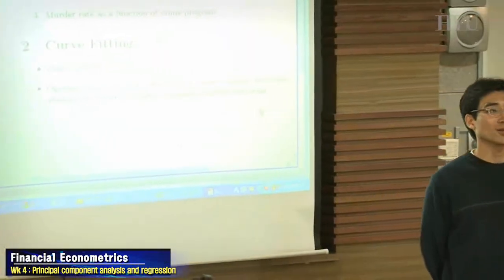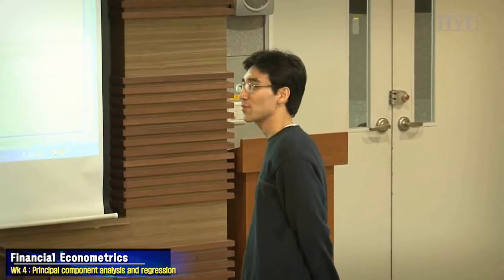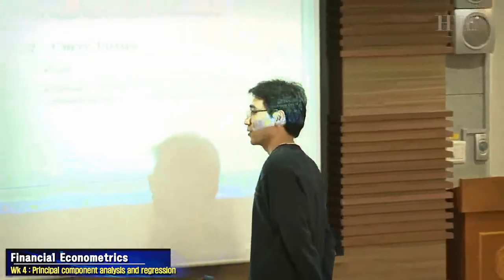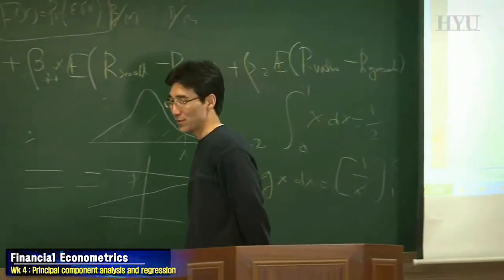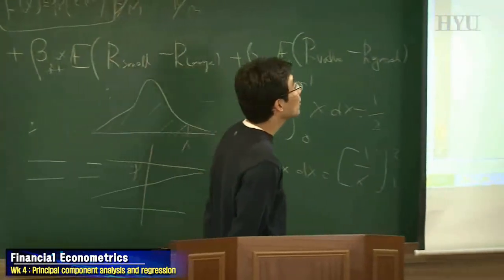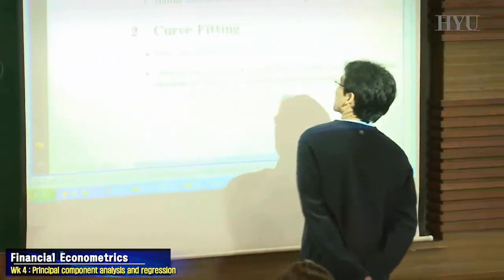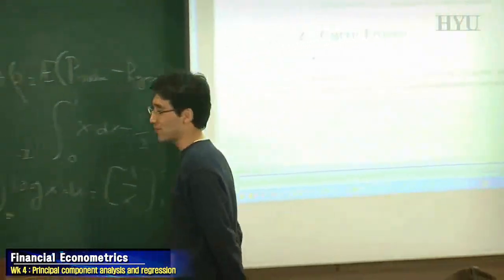If you want to test Keynesian consumption theory, the income is transitory income, the income someone makes today. If you want to test a Friedman-type monetary economist's argument, the income is permanent income. And another example, murder rate as a function of crime program. Now, how to fit the curve.